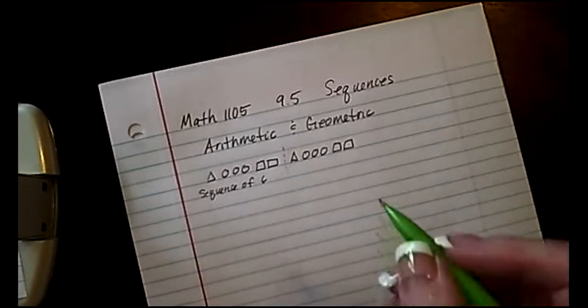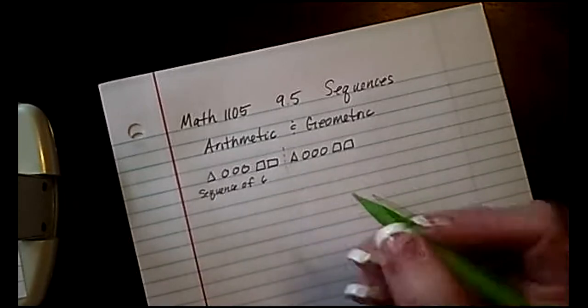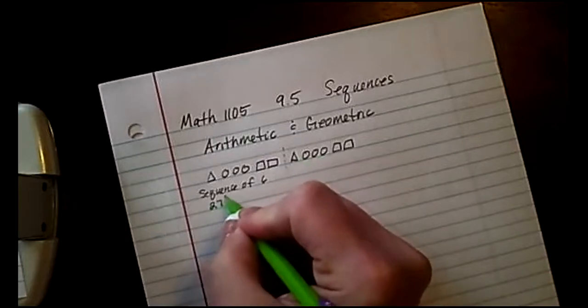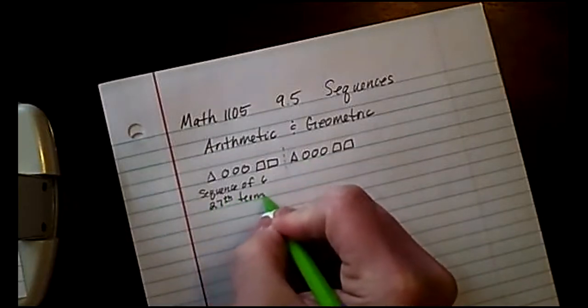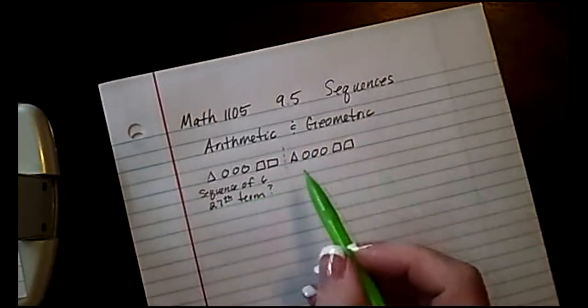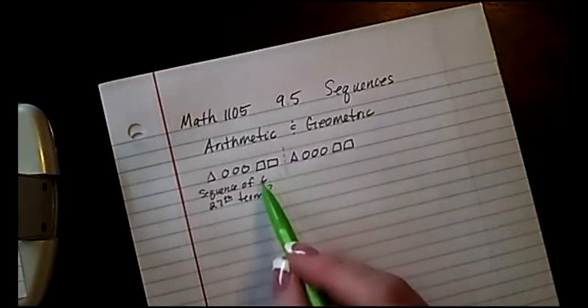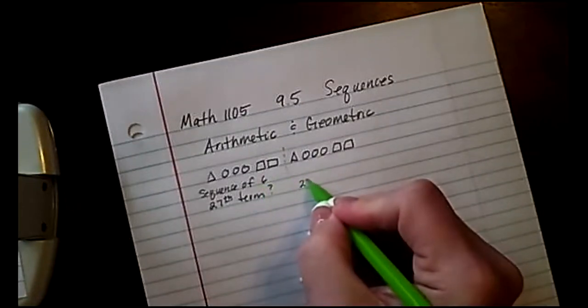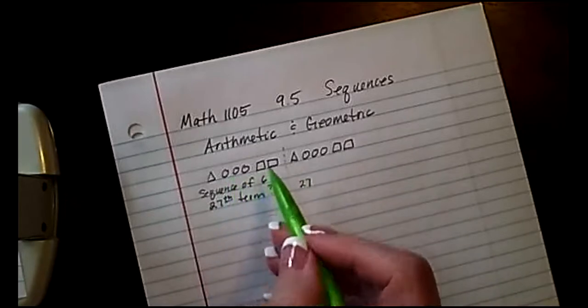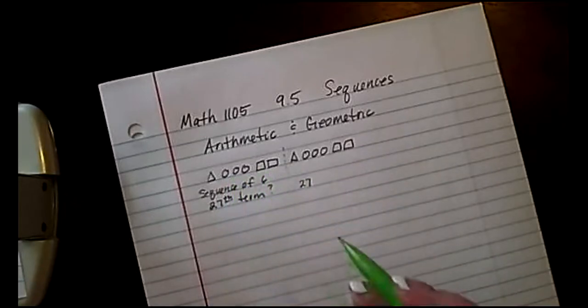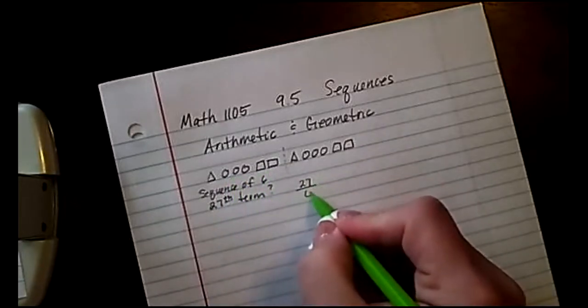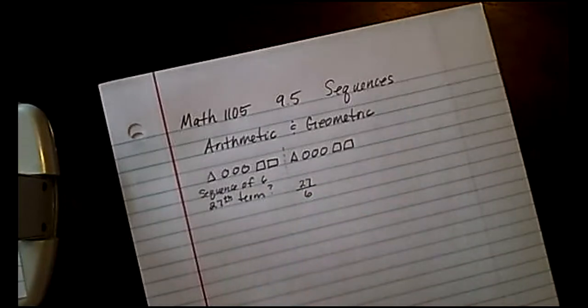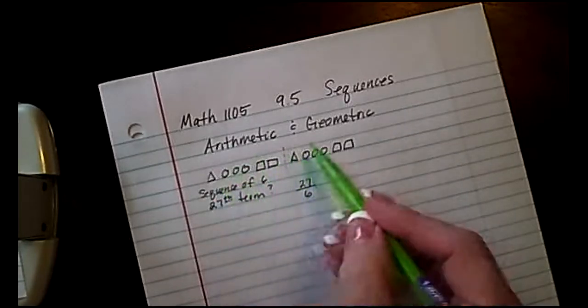So if I wanted to know what is the 27th term, well, recognize that we're going to have 27 terms, and after every 6 shapes, it repeats. So that means I can just divide by 6, and let's see how many full patterns of 6 we can get.